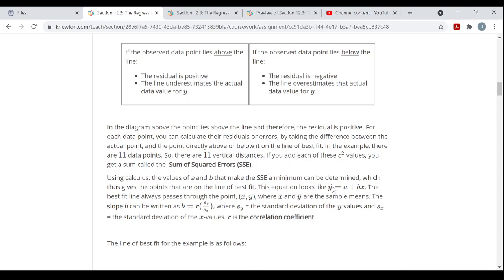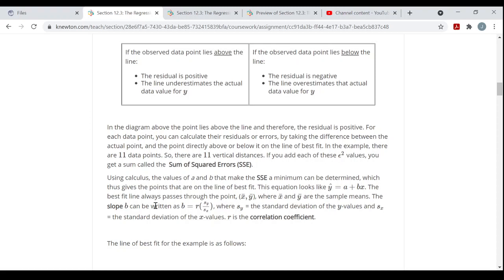So when you see y hat, you're talking about being on that line, not on the actual data points. Equals, I know in an earlier video it was ax plus b. Here it's a plus bx. Just remember that the number on the x is the slope, and the number without x is the y-intercept. So you have a y-intercept plus some slope times x.